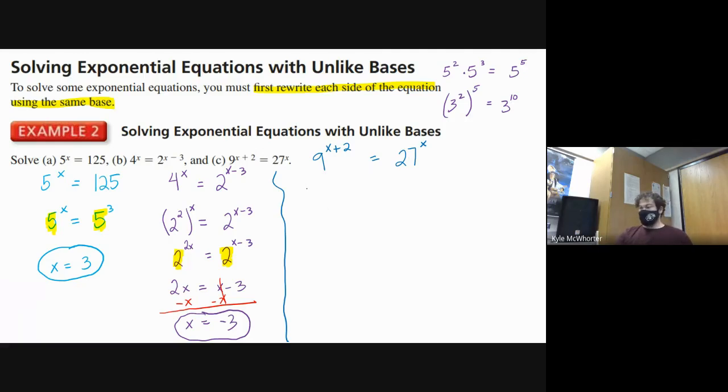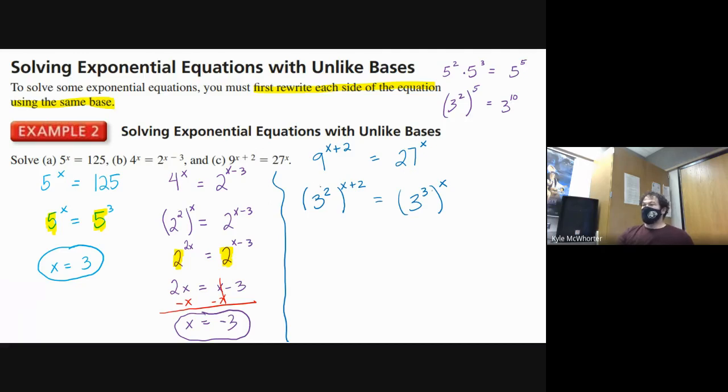So I'm going to replace the 9 with its power of 3, and I'm going to replace the 27 with its power of 3. So 9 to the x plus 2 becomes 3 squared to the x plus 2. 27 to the x, that's 3 to the third to the x.